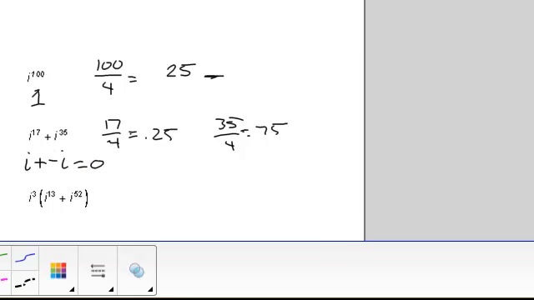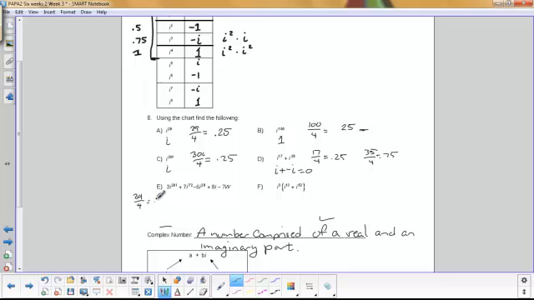Moving down here, what we're going to do is look at each individual value separately, and I do believe that this was a typo, but it's left in there, so we'll just go ahead and go with it. So we'll start with 201. 201 divided by 4 is going to give you 0.25. So that means my first value is 3i plus 7.